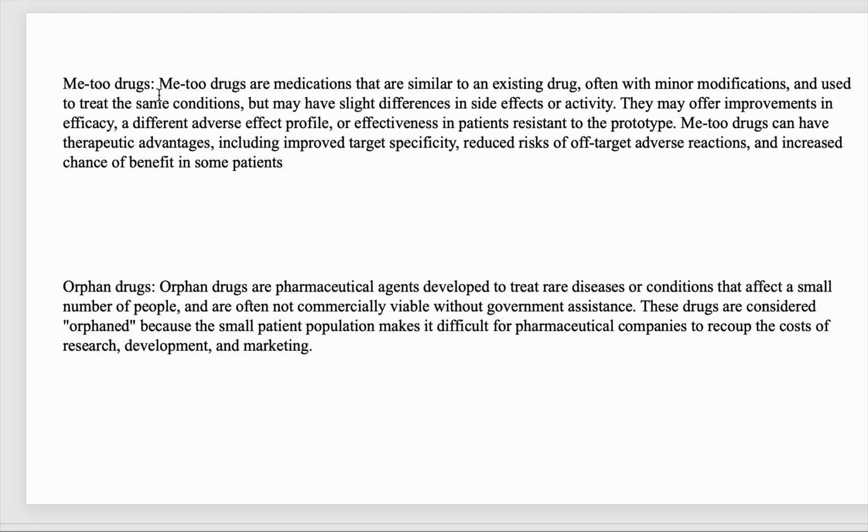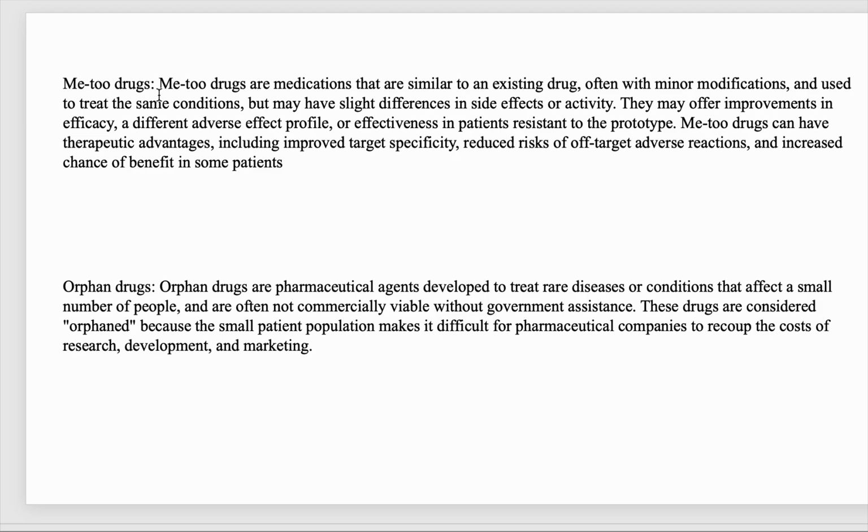So these are called Me Too drugs. They have therapeutic advantages like improved target specificity, reduced risk of off target adverse reactions, and increased chance to benefit some patients.